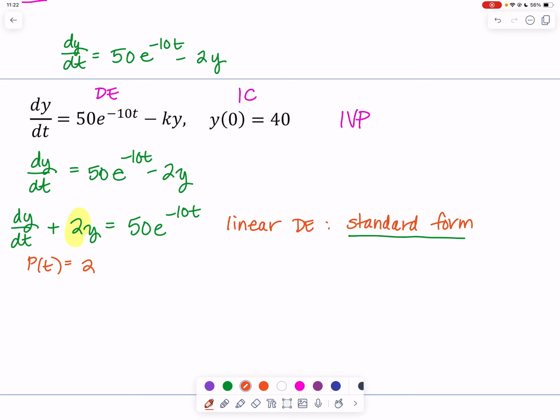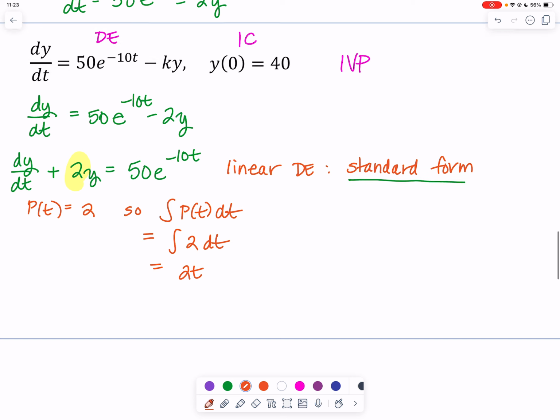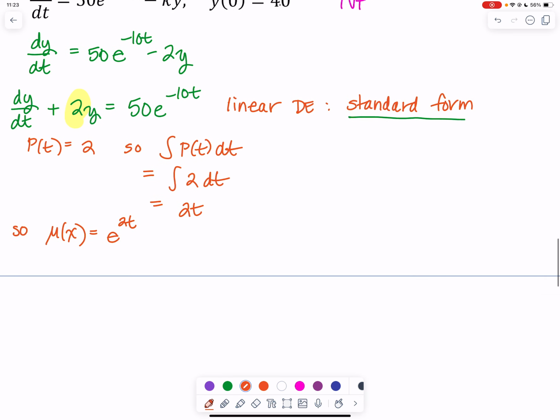And so we have the integral of p of t dt is equal to the integral of 2 dt, and that's equal to 2t. So now we have mu of t is equal to e to the 2t power. So now we will take our standard form and multiply both sides by mu.